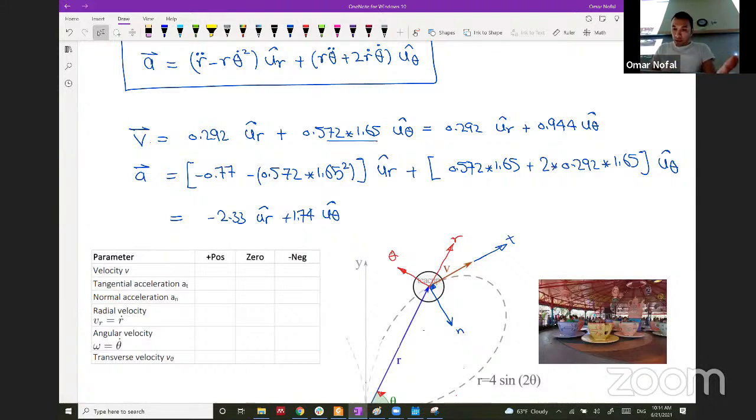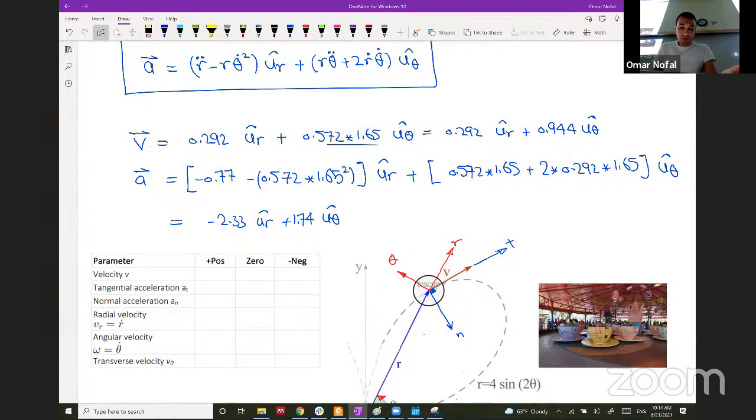For the second part, which needs the direction of the velocity: is it positive or negative? The velocity is always positive in the direction of the tangent, so it's positive. And for the tangential acceleration, let's see how the acceleration directions look.